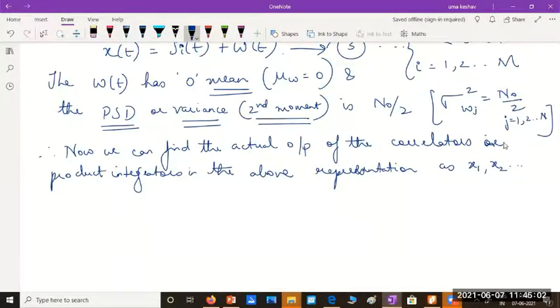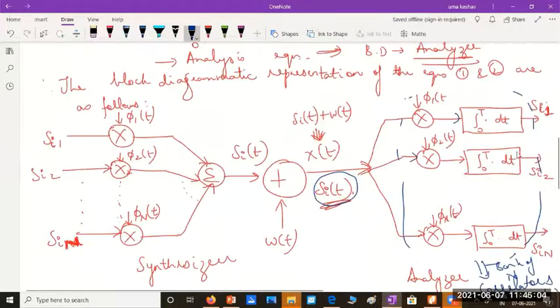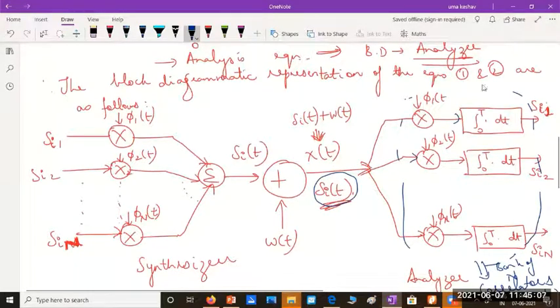For each of these values, what we were calling SI1, instead of SI1, I'll be receiving x1 here. Here I'll receive x2. And remember, that is when we consider x of t as the actual input, which would be the sum of the transmitted signal and white noise.